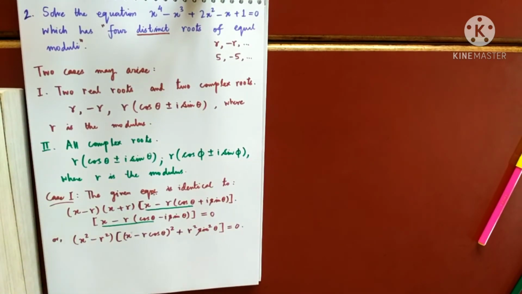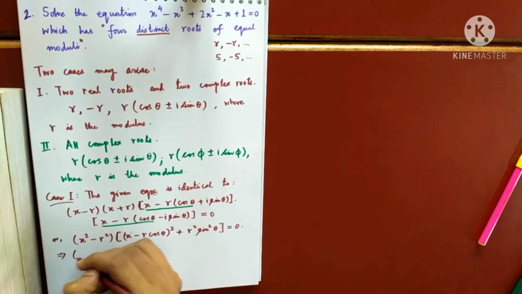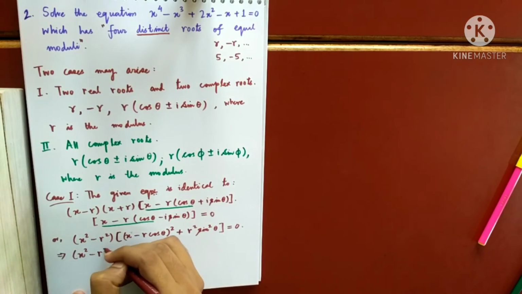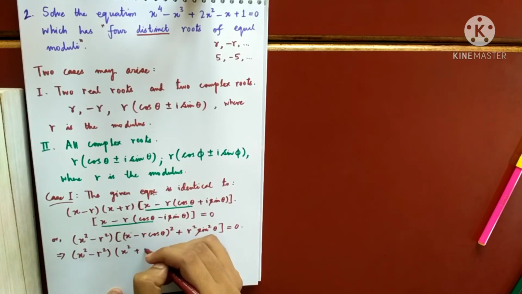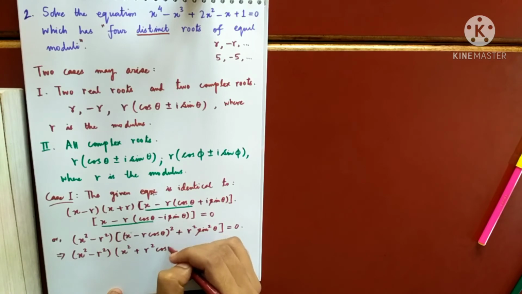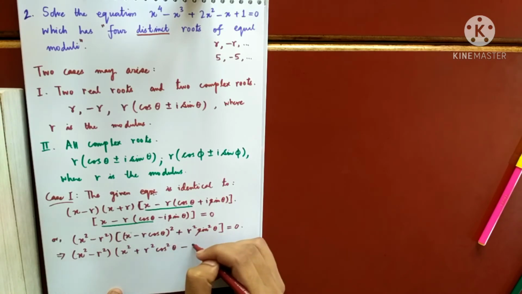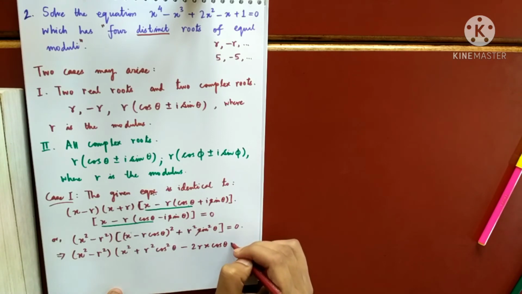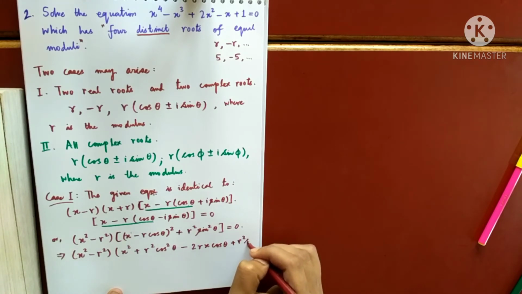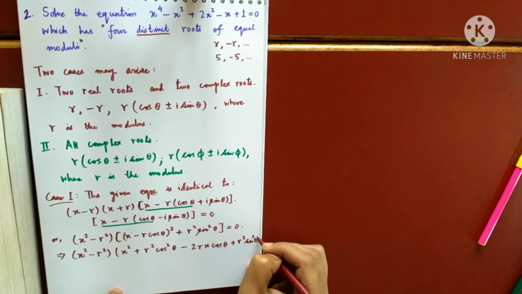Simplify a bit more. So what is this? x square minus r square. So open the bracket, a square plus b square minus 2ab: 2 r x cos theta, and plus r square sin square theta.